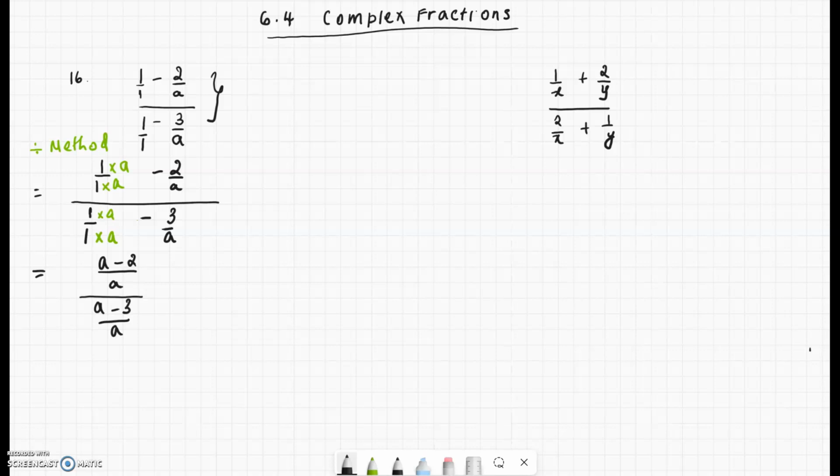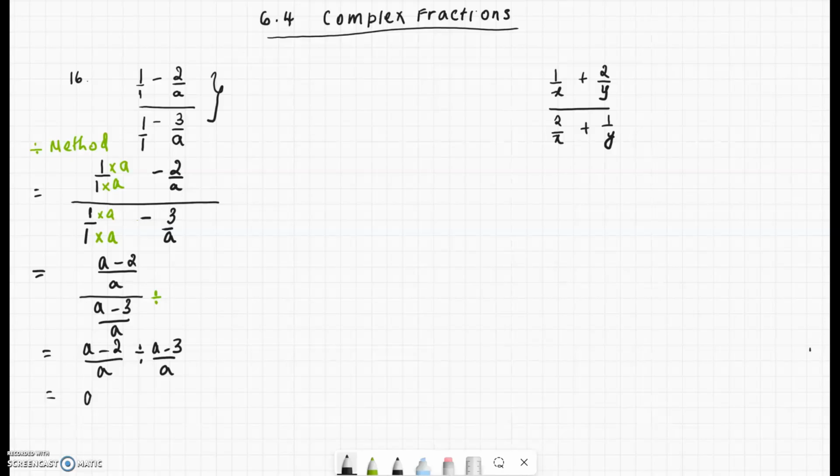Next, we use the method of division. Now remember, this line of division, we're going to write it as a minus 2 over a divided by a minus 3 over a.